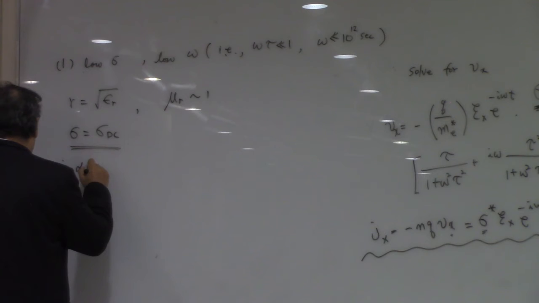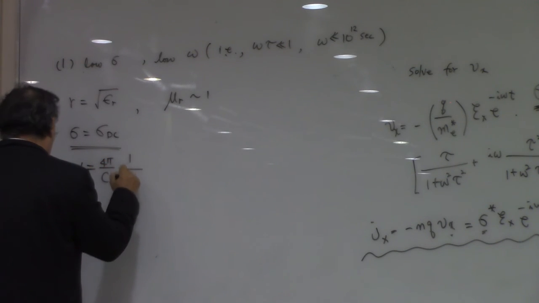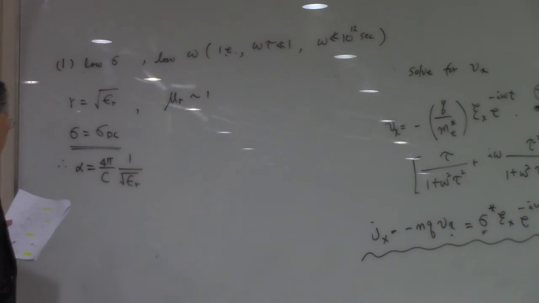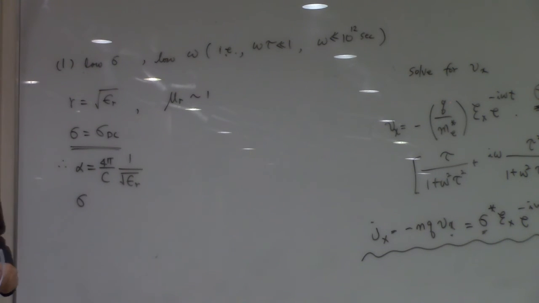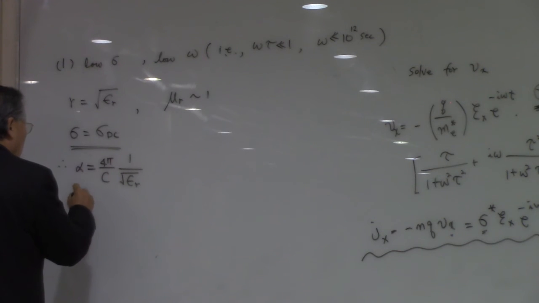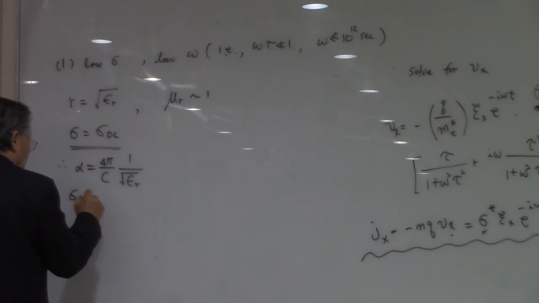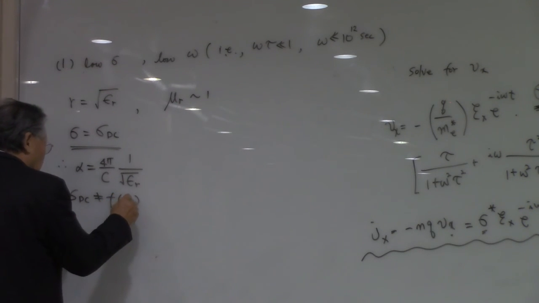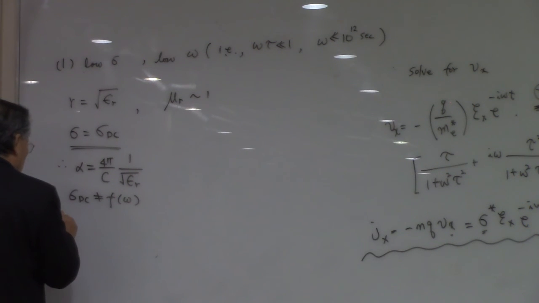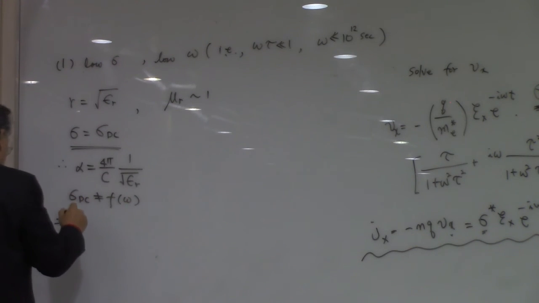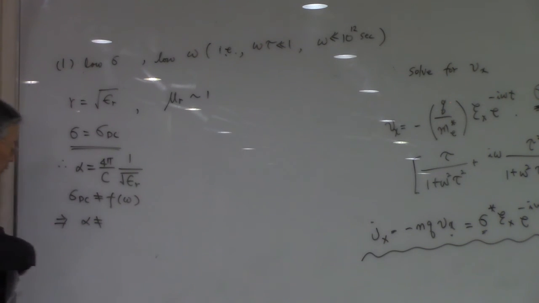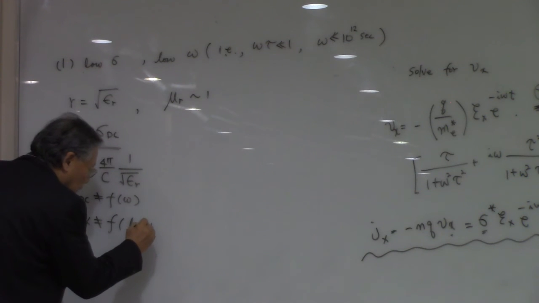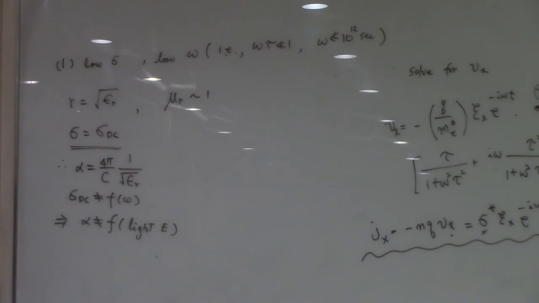So the alpha is going to be 4 pi over c, times 1 over the square root of the dielectric constant, and the conductivity, I'm sorry, this DC conductivity is not a function of frequency anymore when the frequency is very low, so we can conclude that in these materials, the absorption constant is not a function of the light energies. It's not a function of light energies. I should emphasize this. Okay? That is one case.